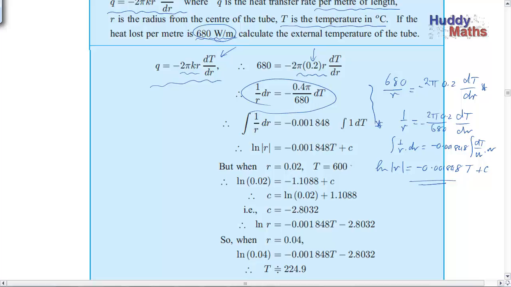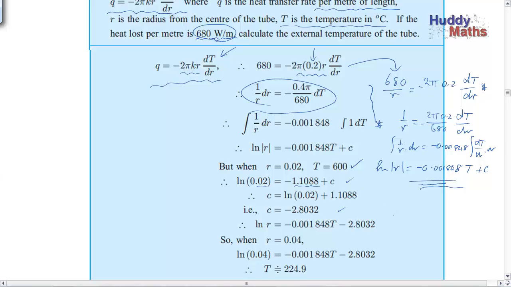So now we can evaluate the constant at R equals 0.02. We know the heat loss was 680 and the temperature was 600 there. So we can sub those values in, and here we've got our T times by this, plus C. So we can rearrange that. Just notice this is the preferred setting out for that problem, dividing by R and so on.